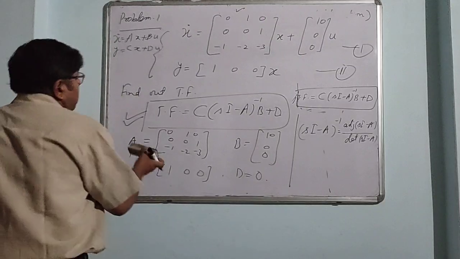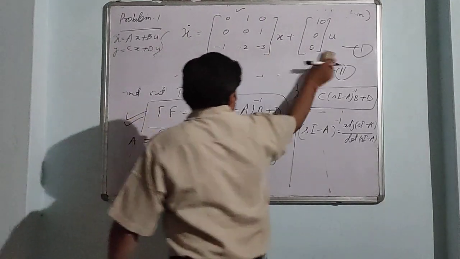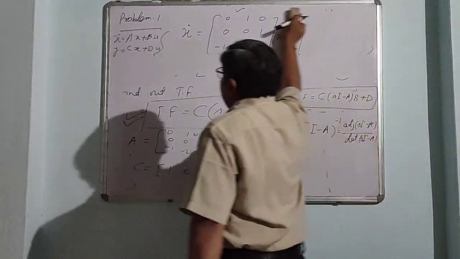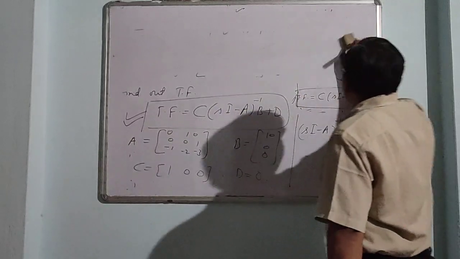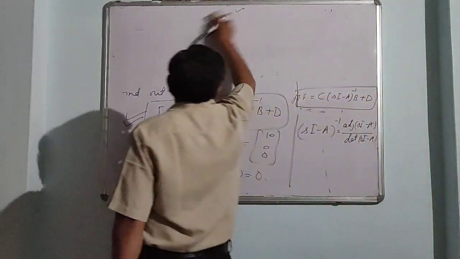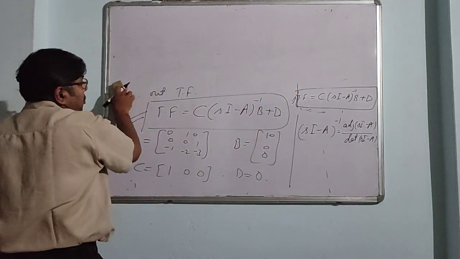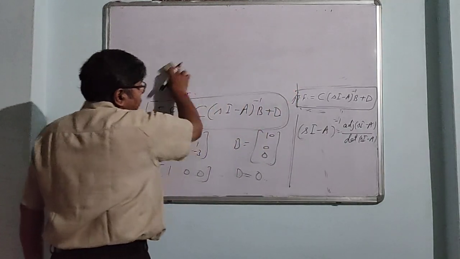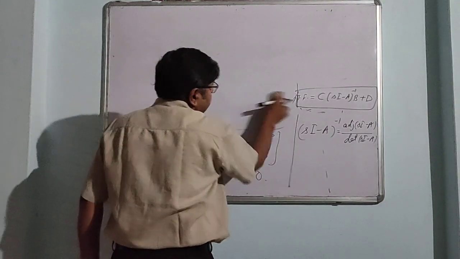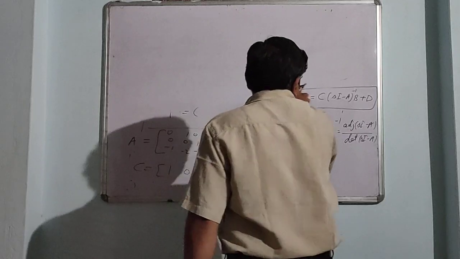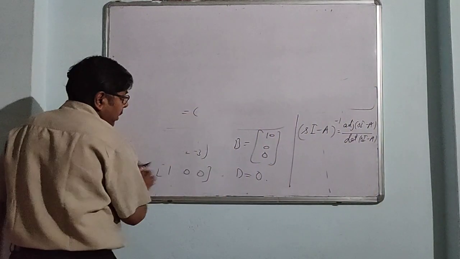So from these given values of A, B, C, D, by comparing given problem to standard form, we can calculate matrices, then we can find out transfer function by using basic relations.